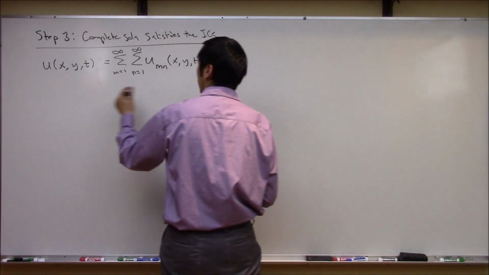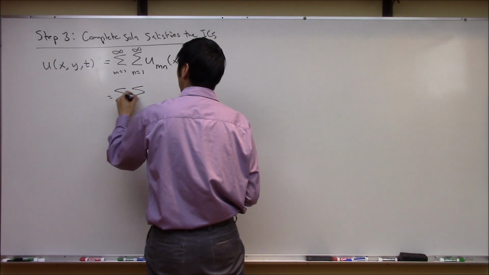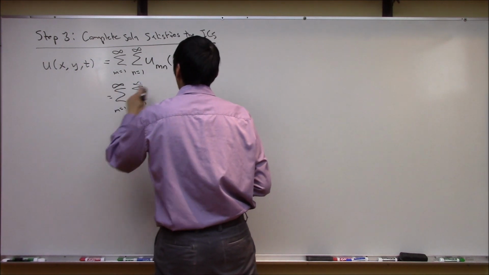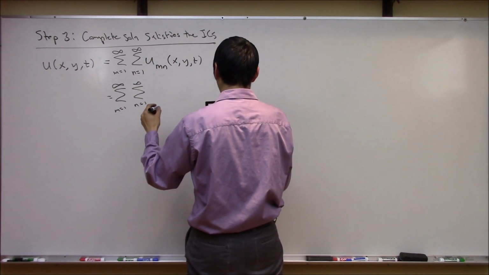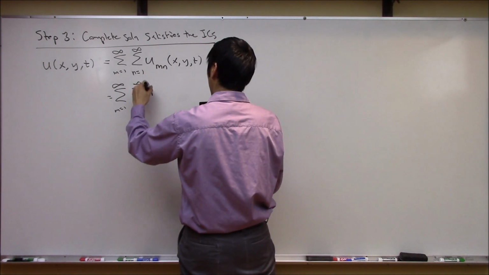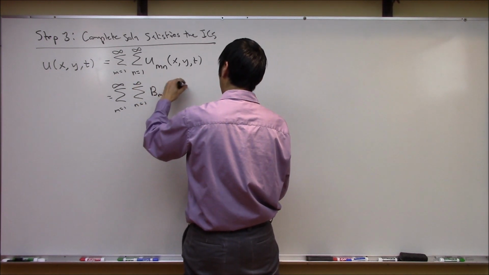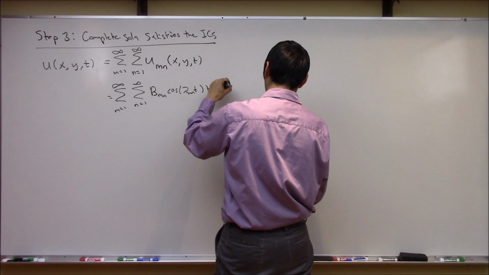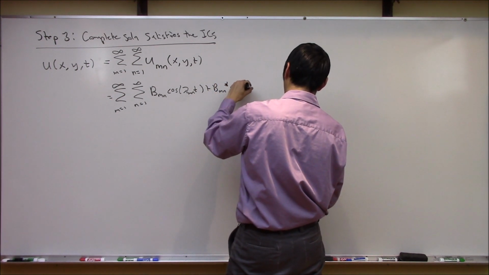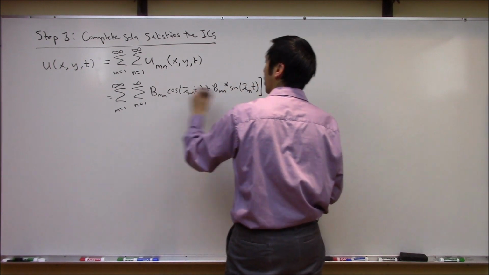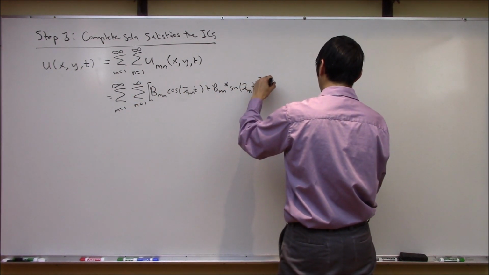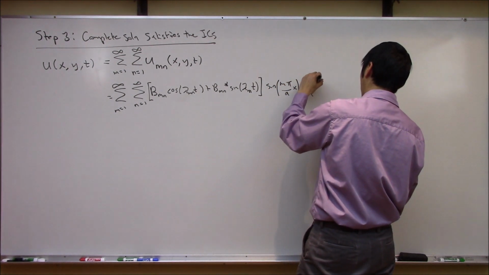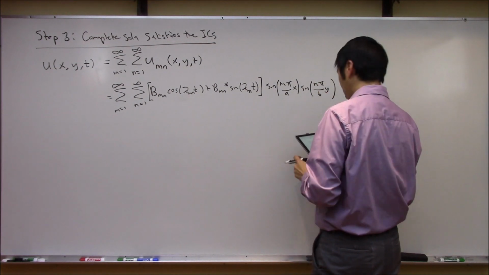Let's write this out one more line. So I have my double sum from n equals 1 to infinity, from m equals 1 to infinity. Our eigenfunction was our big expression we had earlier: b_mn cosine of lambda_mn t plus b_mn star sine of lambda_mn t, this whole thing times sine of m pi over a x times sine of n pi over b y.